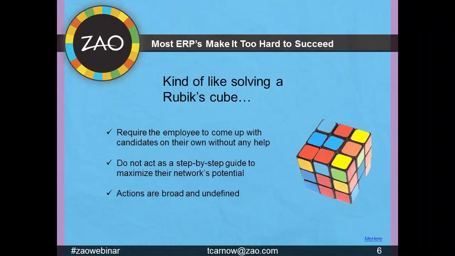With an open-ended question like, who do you know, you're really not giving them very much guidance. It's basically like asking your employees to solve a Rubik's Cube, a puzzle, and it's too hard. I don't know if any of you have ever tried to solve a Rubik's Cube. It's challenging at first until you understand. Once you have step-by-step instructions, it's actually quite easy, and then you know what to do.